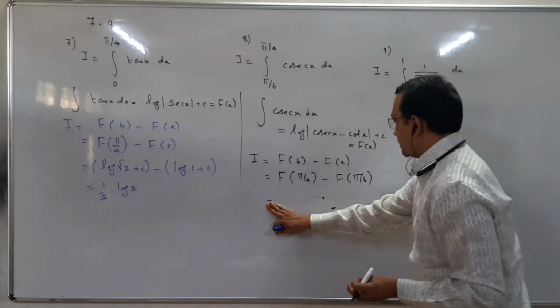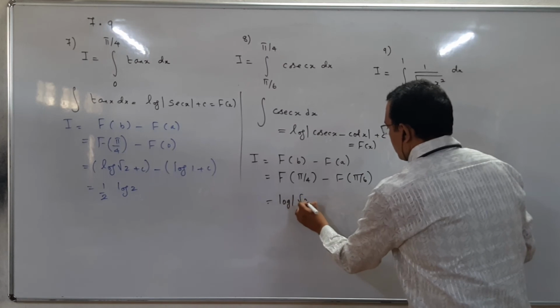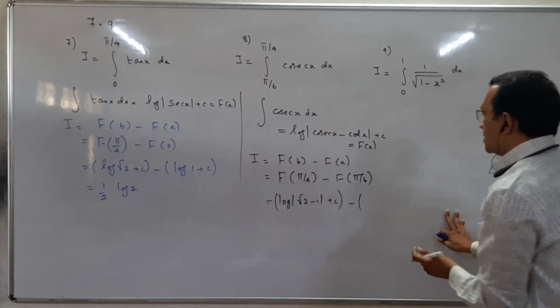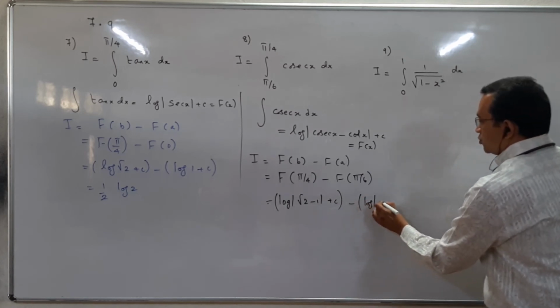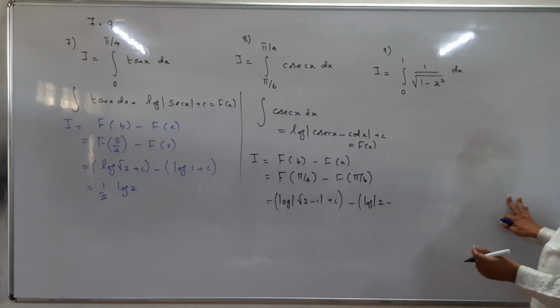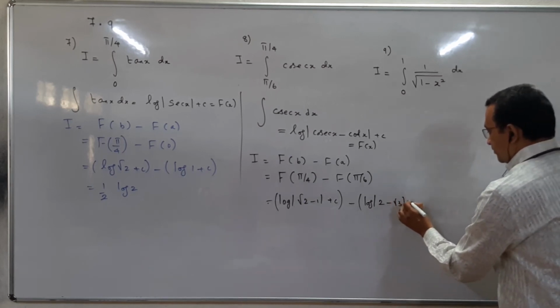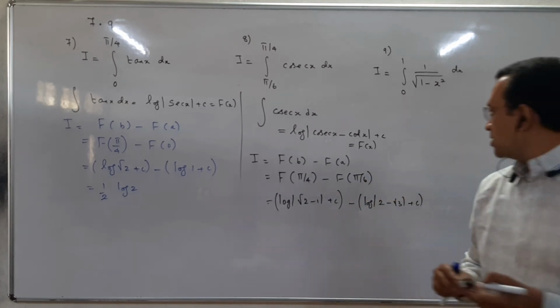So if you want, I can add one more step. Log of root 2 minus 1 plus c minus cosec pi by 6 is 2, and cot pi by 6 is root 3 plus c, and simplify, students.